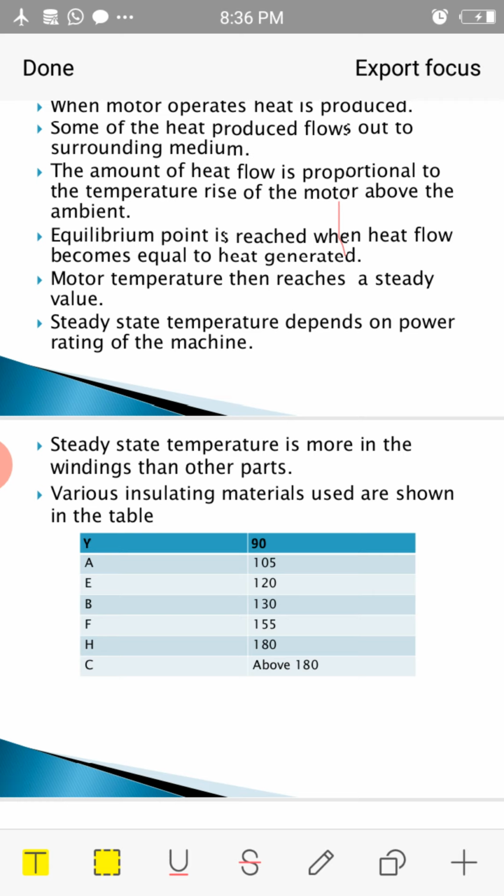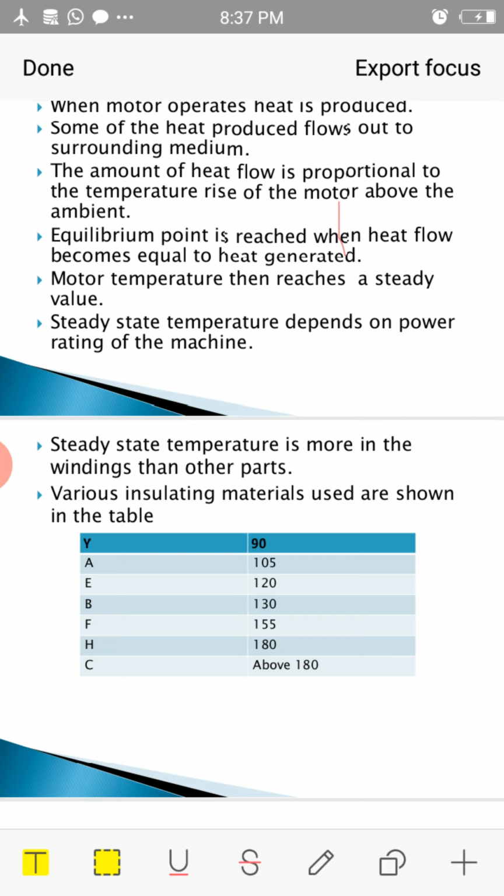At a certain value, the amount of heat flowing to the ambient will be proportional to the temperature difference between the two, that is the ambient temperature and the machine's temperature. At a certain time, the amount of heat flowing to the ambient becomes equal to the amount of heat being generated in the machine.